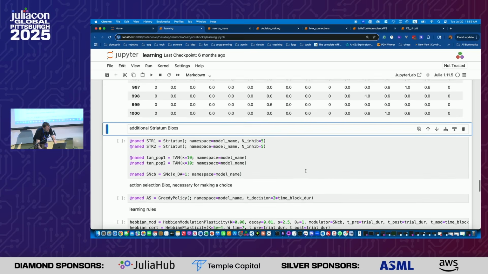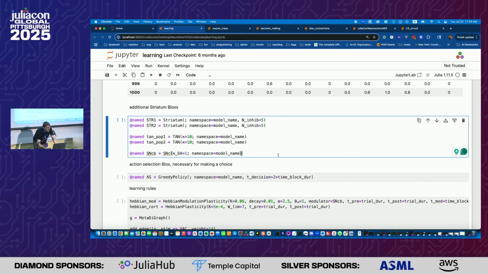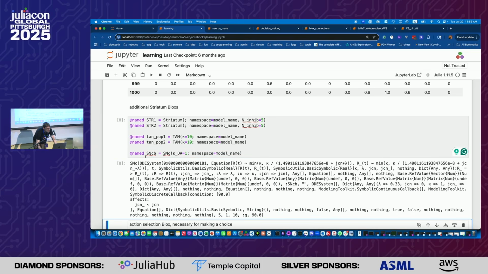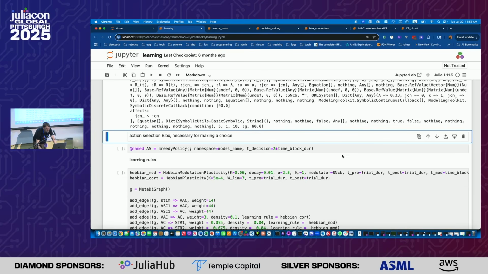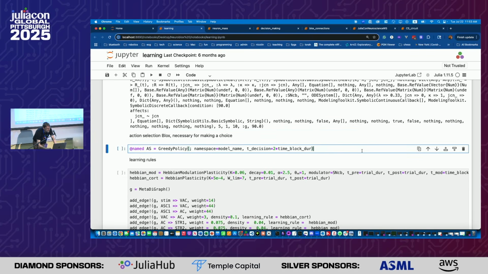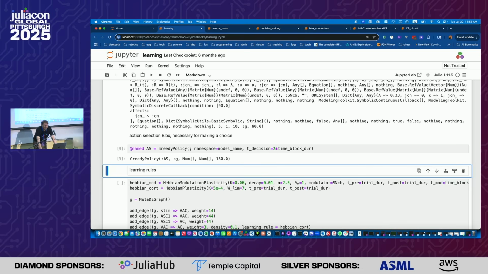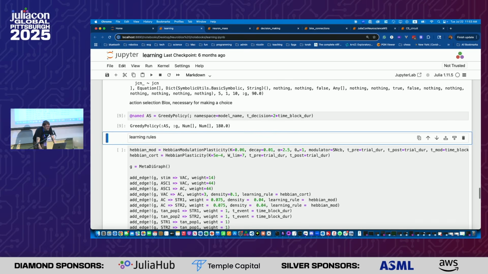And so we downloaded those and then we create the striatum, the TANs, and substantia nigra, right? And then we can also create a greedy policy. Mason, remind me, greedy policy is just if I get a reward, then I update, right? Yeah. So it's not like the marshmallow test, right? The marshmallow test is not the greedy policy.